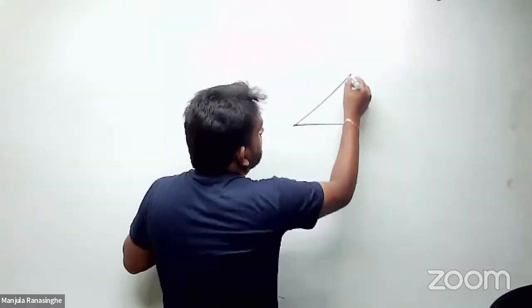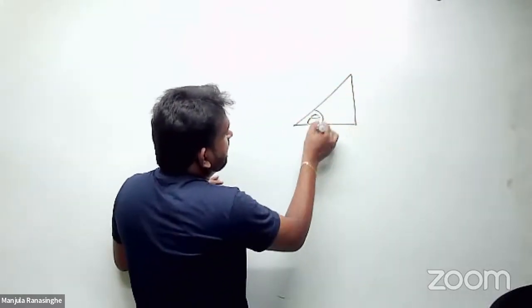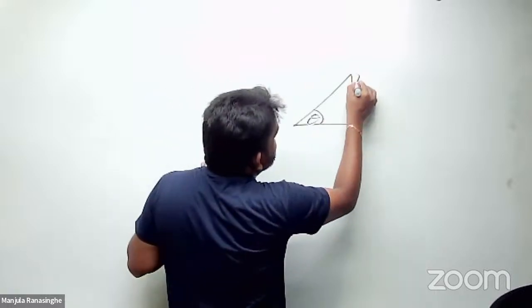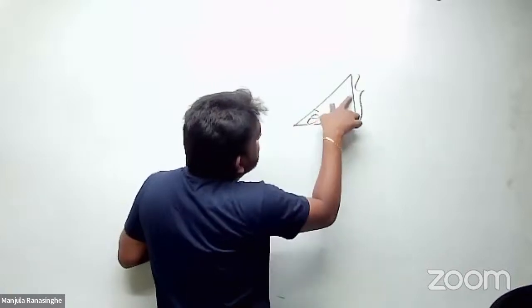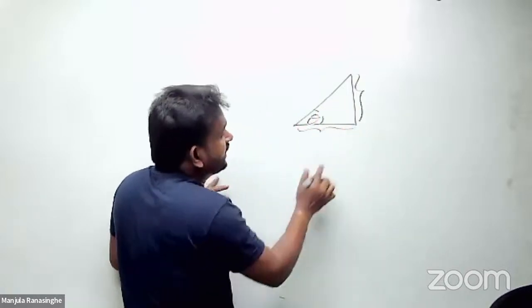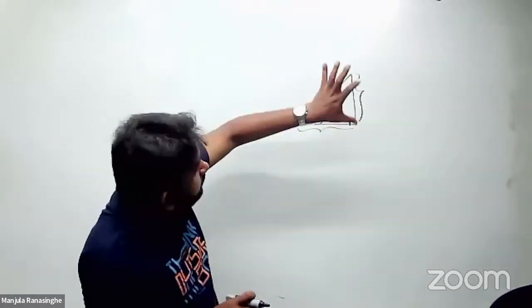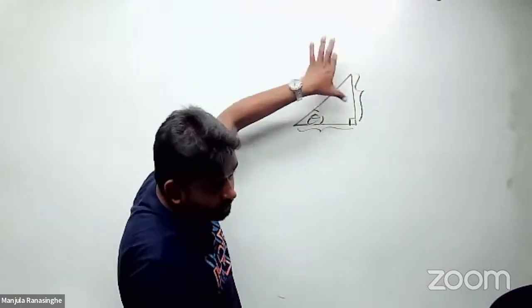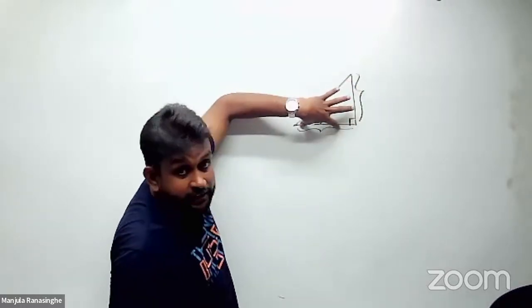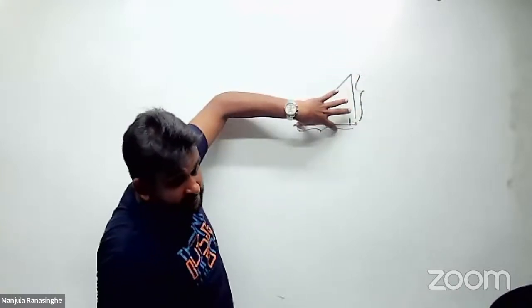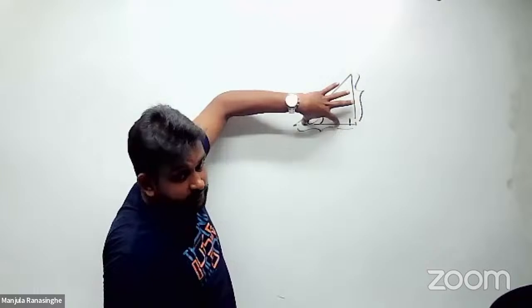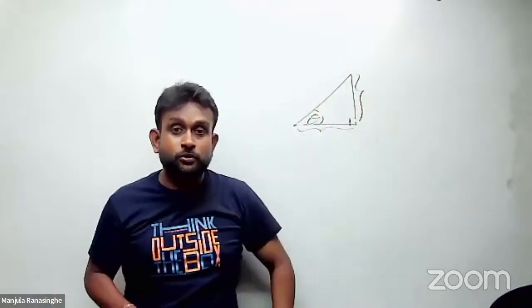Tan means, in a right angle triangle, when you consider an angle, the opposite side, opposite to theta, divided by the adjacent side. So just remember: the vertical height of this right angle triangle divided by the horizontal length. That ratio is the tan, okay?